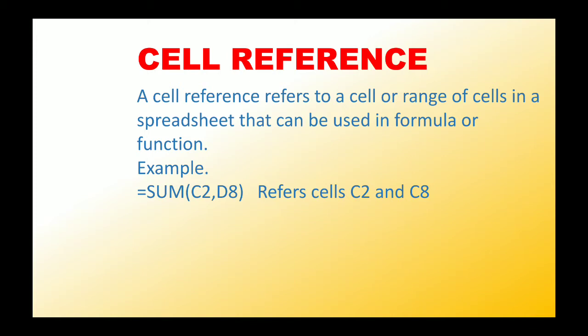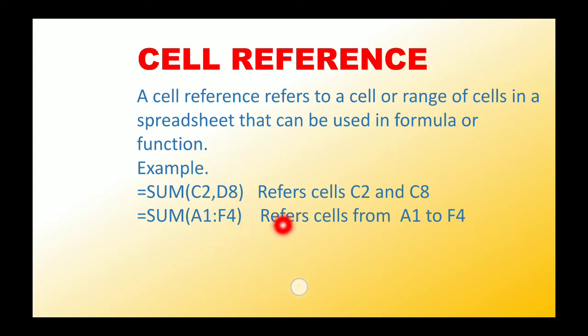Next, we can see the function SUM(A1:F4), which refers to cells from A1 to F4. Here there is not a single cell or two cells, but a group or range of cells, that is, A1 to F4.